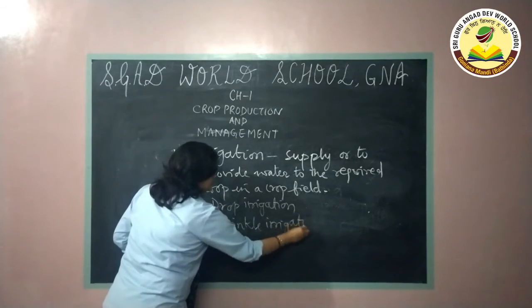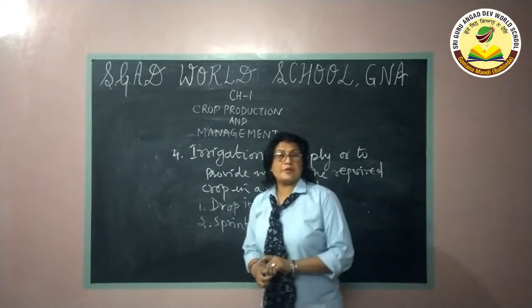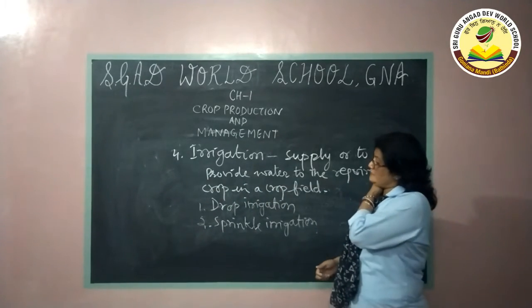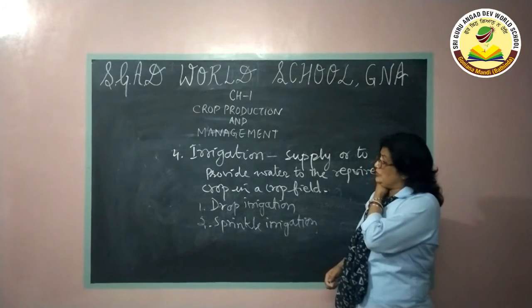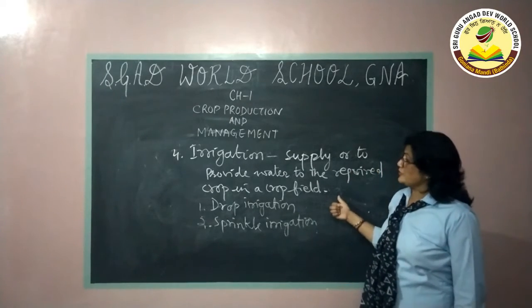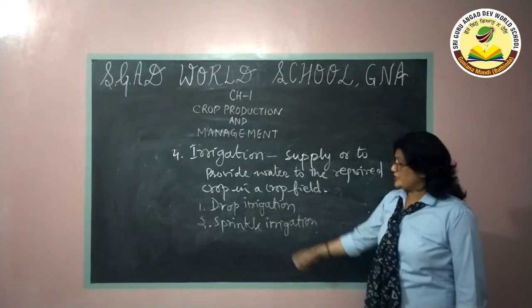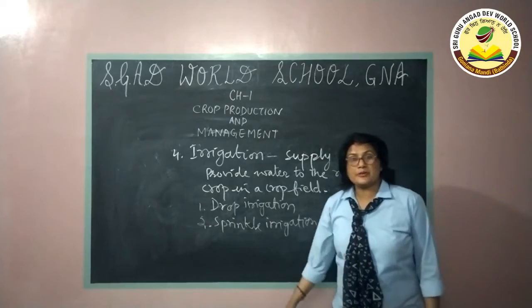Because nowadays water conservation is one of the basic requirements in our country, so there should be no wastage of water in doing irrigation. So we prefer drip irrigation and sprinkle irrigation.